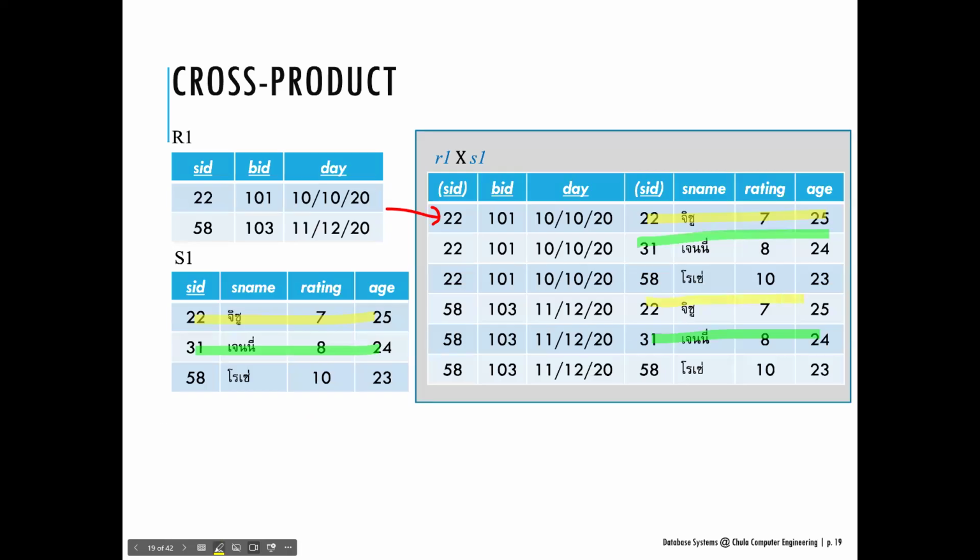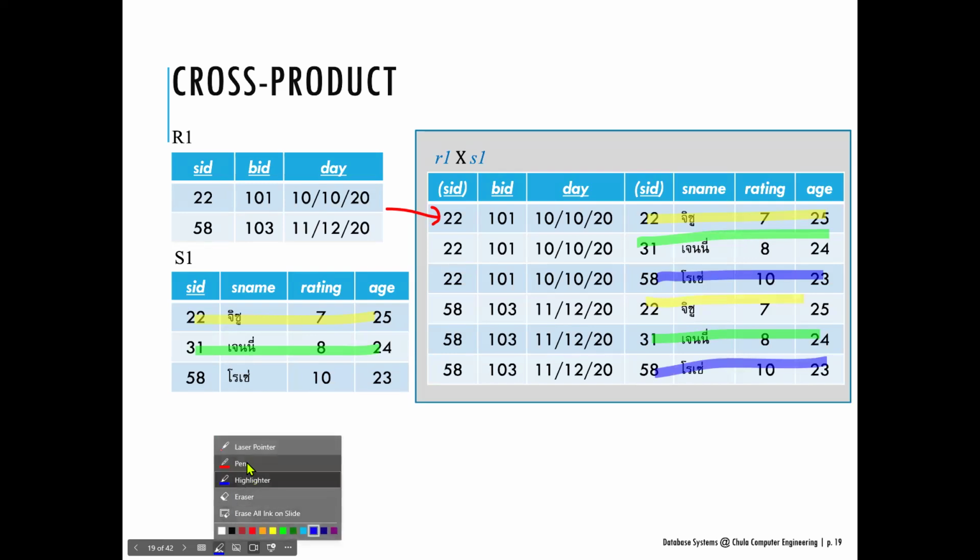You can see that you have to combine every possible pair here. All right. So this 22 from the first tuple on the left side will go there.